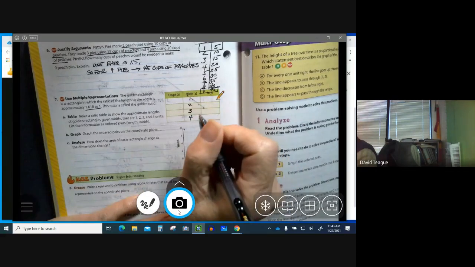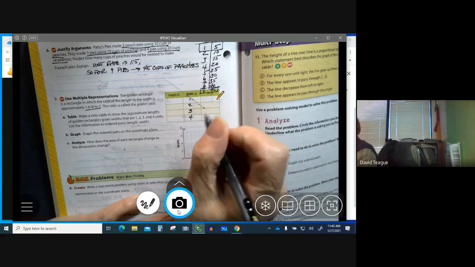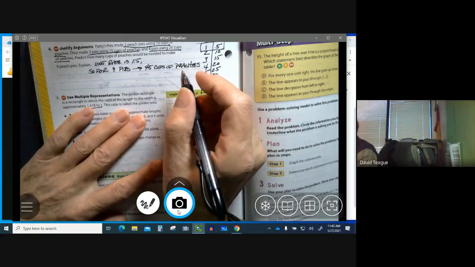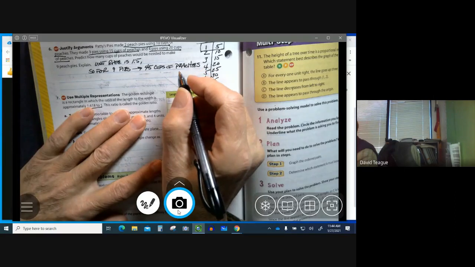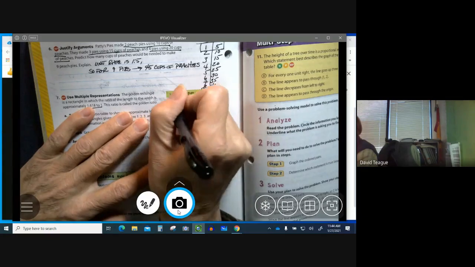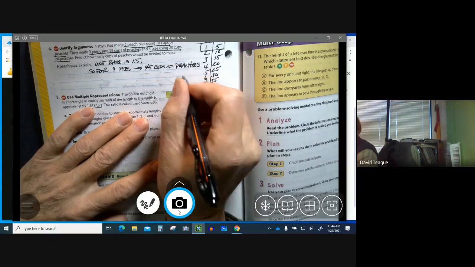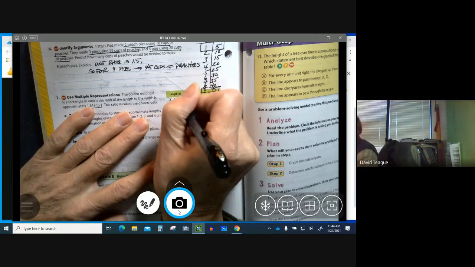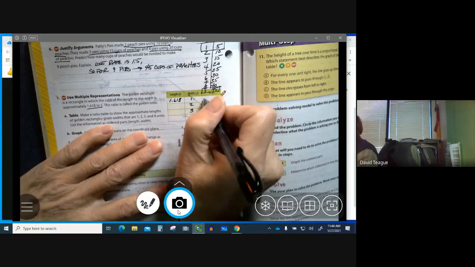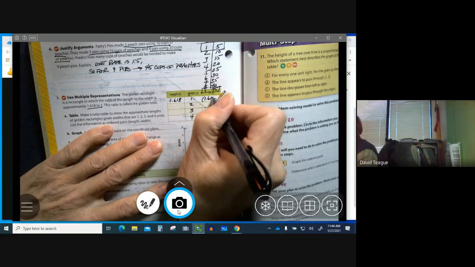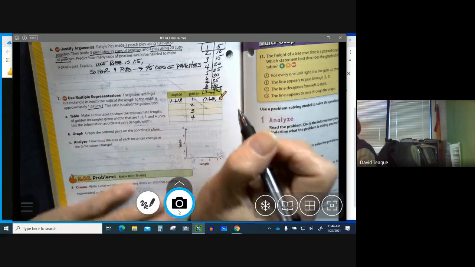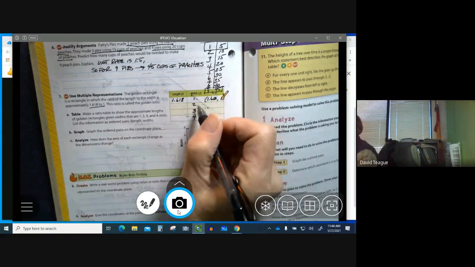The length for a width of 1 would be 1.618, and our ordered pair would be 1.618, 1. Now this is our unit rate.